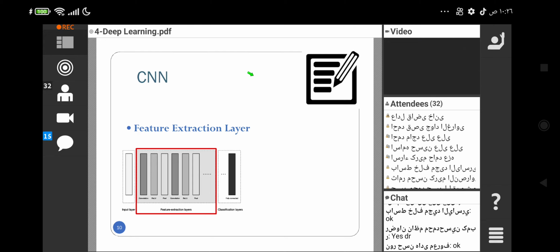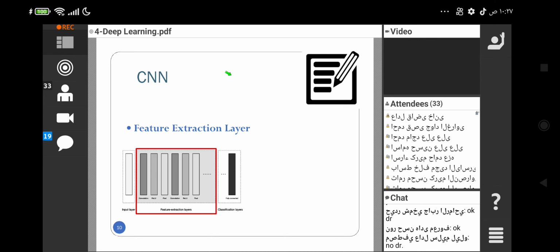Okay, do you understand this? When the image resolution is 800 by 600, it means we have 480,000 pixels.